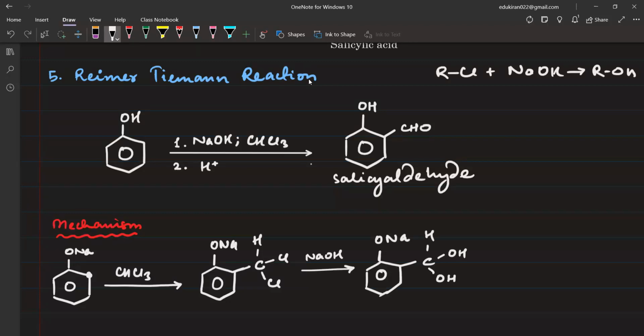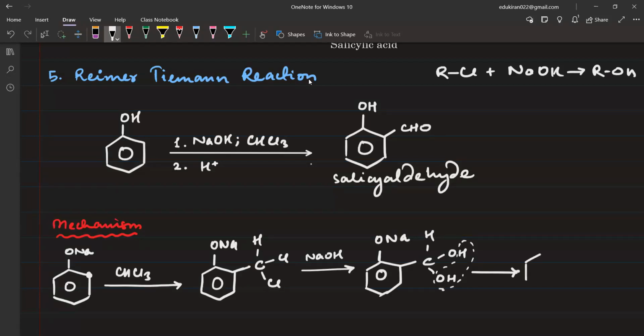Now, in the first class itself, we saw that when we have a gem diol, that means one carbon atom having two OH groups, then it is not stable, and water is removed. So you will remove water like this, right? There is a rearrangement which goes on.